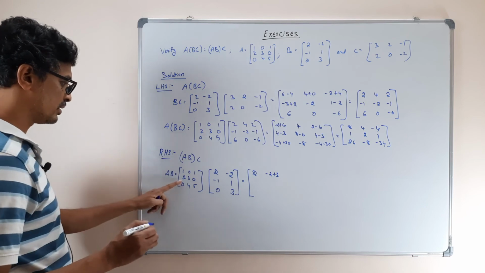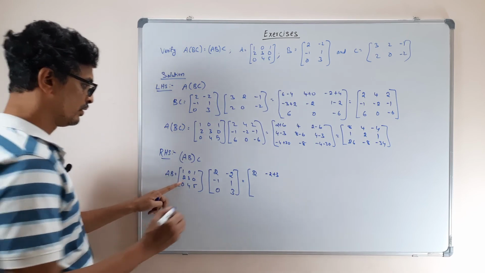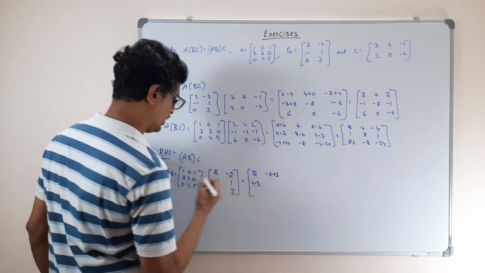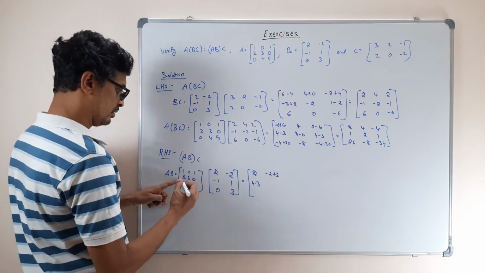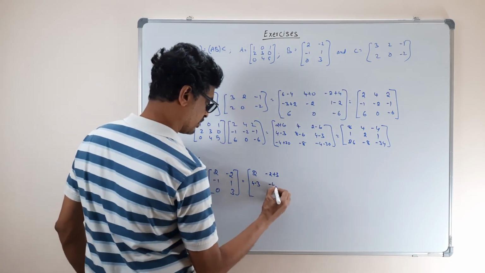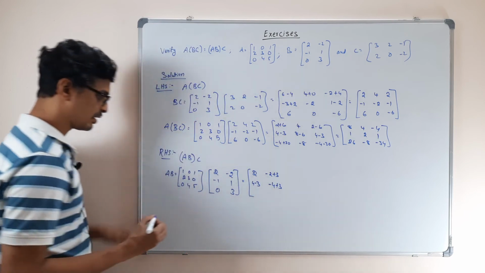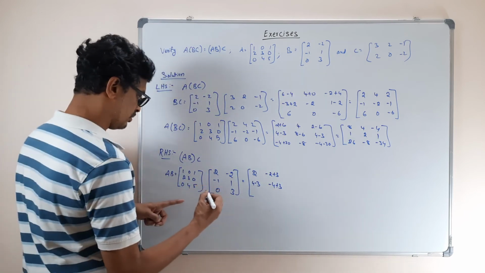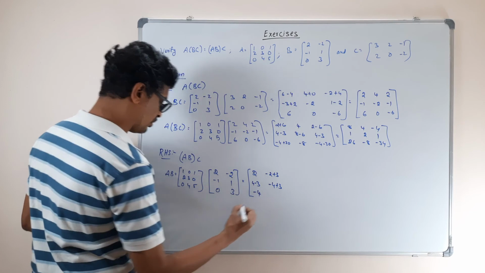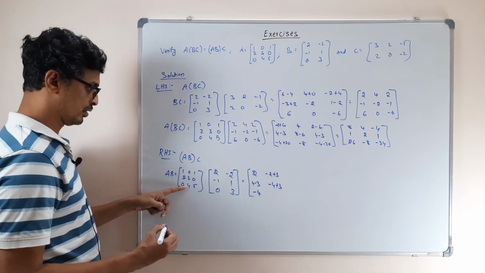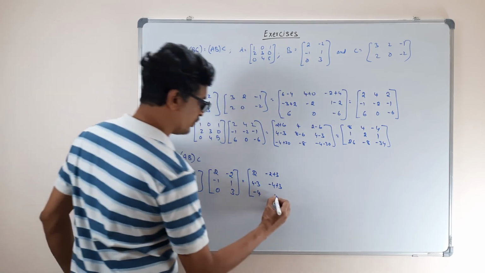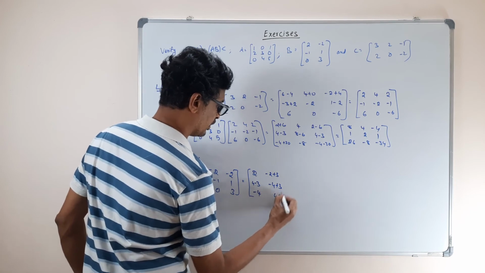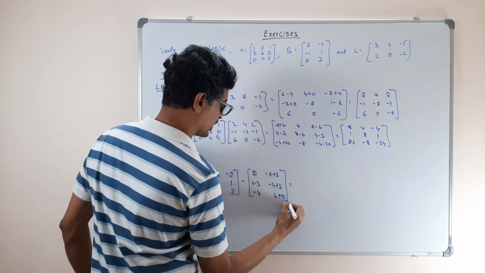The next one, tell me. 4 minus 3. Minus 4 plus 3. What about the last row? Minus 4. Don't make a mistake. 4 plus 15. If you make a mistake, you will not get the answer.